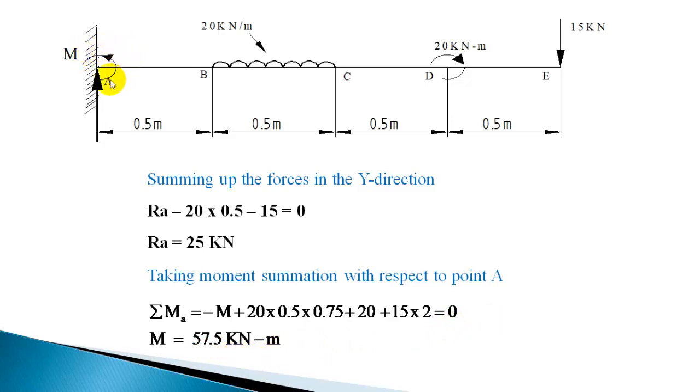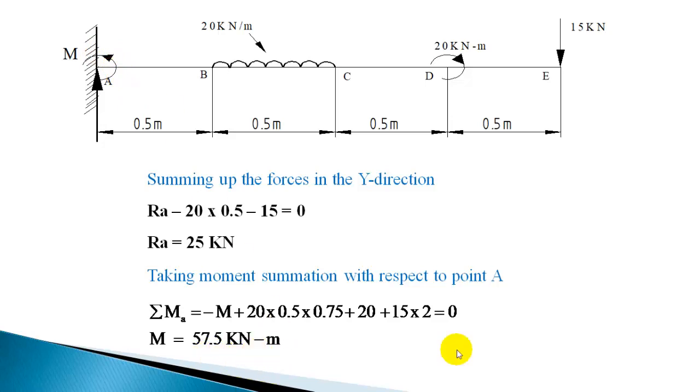If you take clockwise, you will get a minus value here. So that means you have to reverse the direction and show it. Minus sign doesn't mean that it is anti-clockwise. Here we have taken anti-clockwise already, and you are getting only the numerical value of that resisting moment.